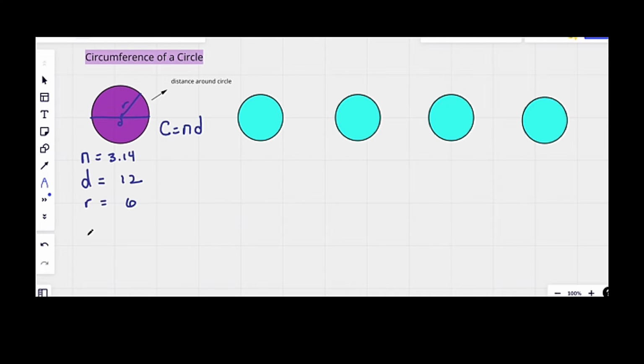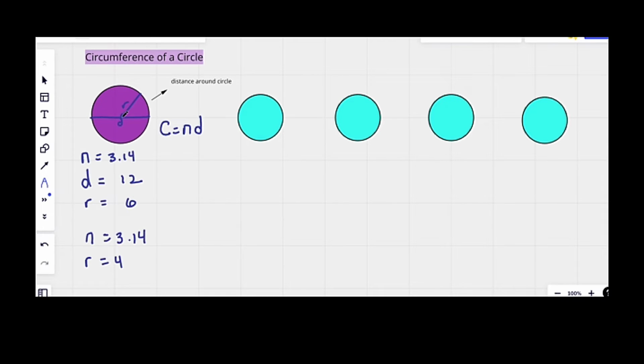And sometimes they give us only the radius. So what about the other way around? We're always going to have pi because we already know what pi is. It's always going to be 3.14. And we're given this time the radius, and we're told that the radius is 4. But we need to calculate the diameter because the diameter is what we need in our formula. How do we know what the diameter is going to be?